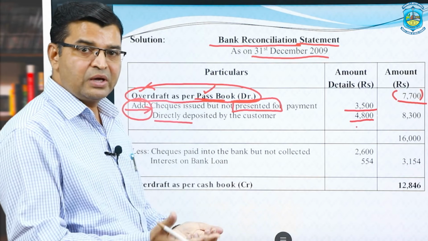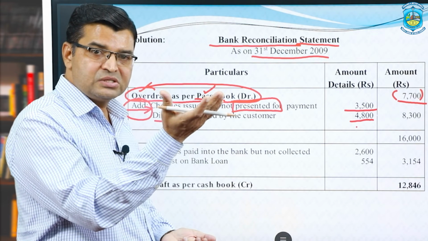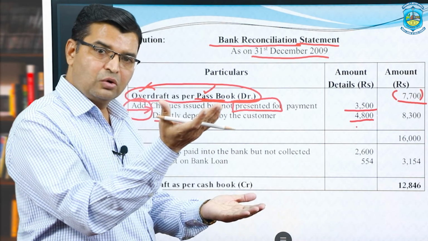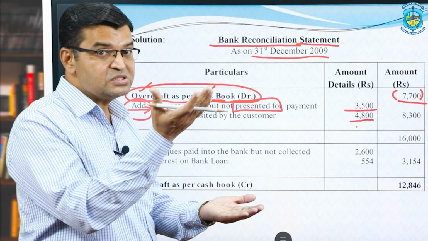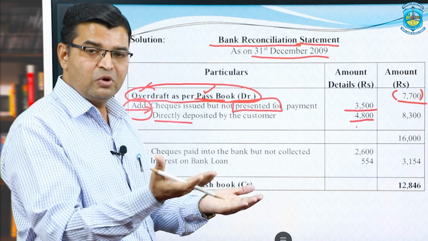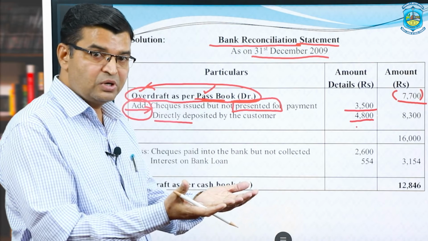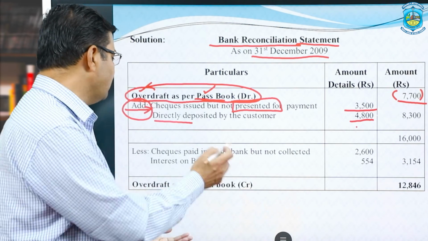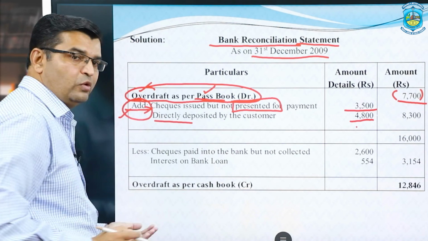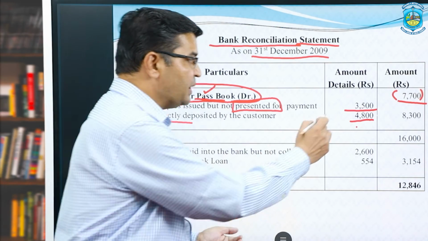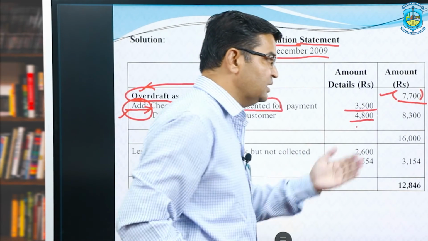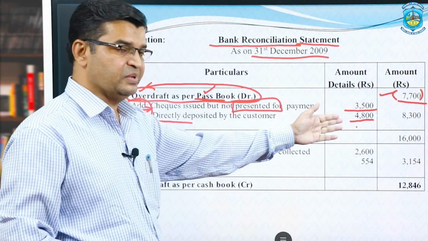So the passbook has wrongly been increased and the cash book has wrongly been reduced. So we must deduct this amount from our passbook so that we can match both the cash book and passbook here. But here this amount is also being added over here. Why? Because this balance is given as negative balance. In this case, this item has been added.